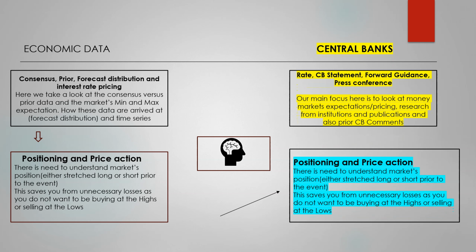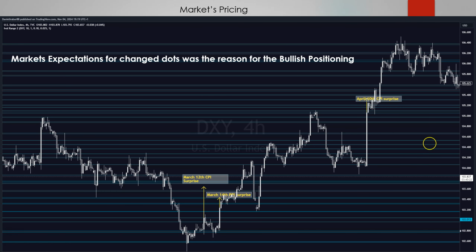So after doing that, we now focus on the positioning and price action. After taking a look at rate pricing and also at the central bank statement and prior comments, we'll now take a look at positioning. So for context, this is how the DXY was trading after the CPI print and also after the PPI print. So you can see markets did their due diligence, and markets fully priced in the dollar in preparation for the FOMC.